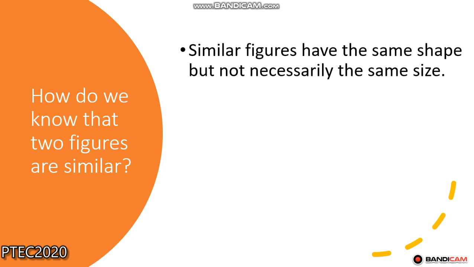Sometimes the size of the picture may be bigger and bigger, or smaller and smaller, according to whether you zoom in or zoom out. So this concept means that the pictures in your phone are still called similar figures or similar pictures.